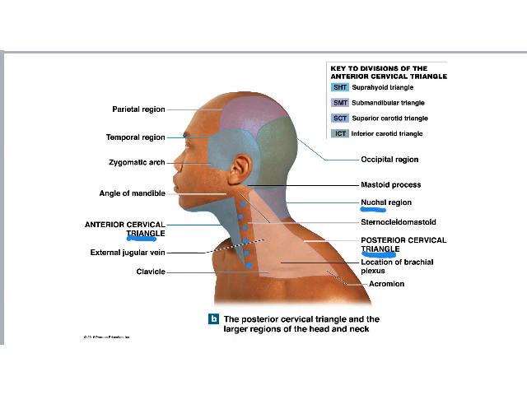And that becomes important because when you're doing procedures on someone's neck, you want to know what underlying structures may be in that region. So if I'm in the anterior cervical region, for example, I know that the carotid artery is there, and so I'm going to have to be very careful of that. If I'm in the posterior cervical triangle, I'm going to be careful about the external jugular vein and something we call the brachial plexus, which we'll learn about in the nervous system.